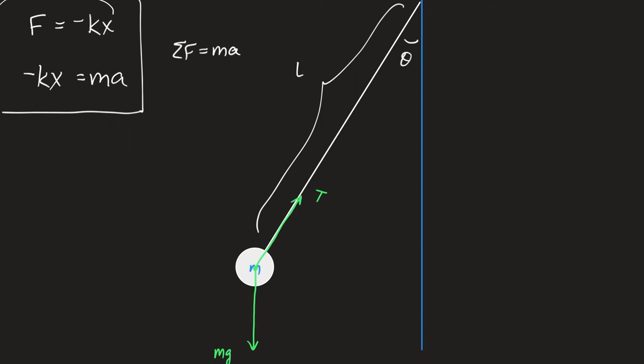When I look at this, we have to choose a coordinate system. This is two-dimensional. So we have a choice about whether we choose our coordinate system to be like this. That's one option. Or we choose our coordinate system to be like that.